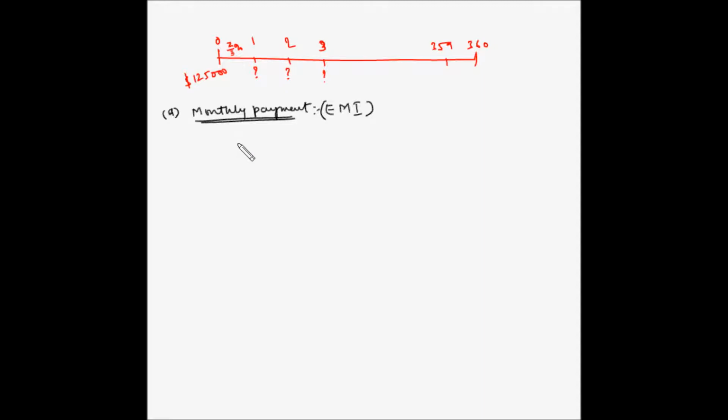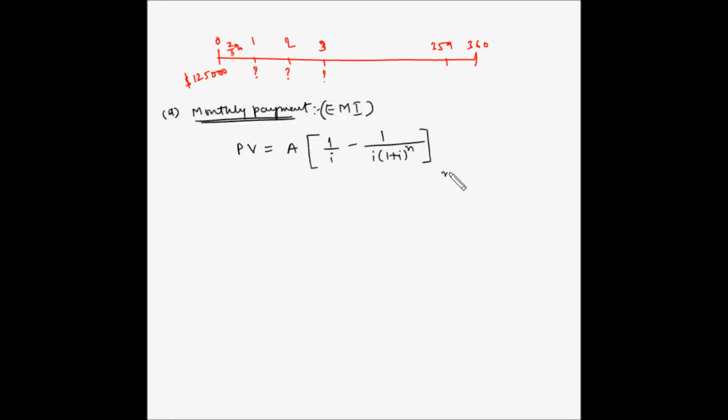So the formula for the present value of an ordinary annuity is equal to A into bracket 1 divided by I minus 1 divided by I into 1 plus I to the power n.